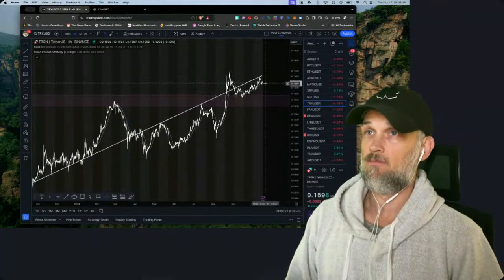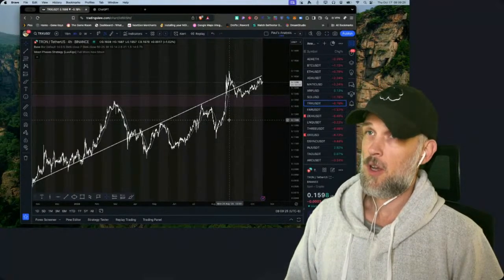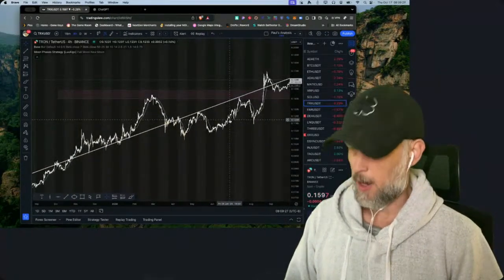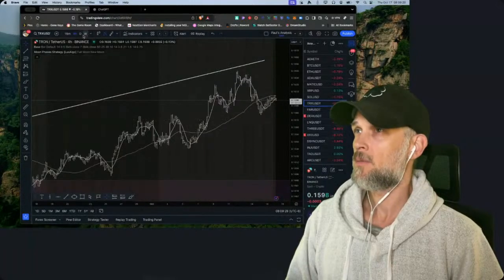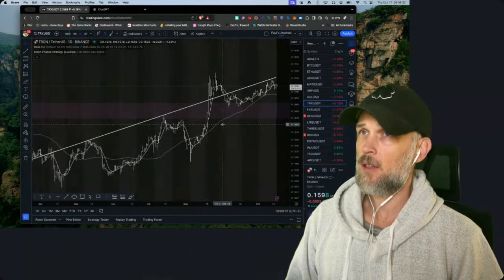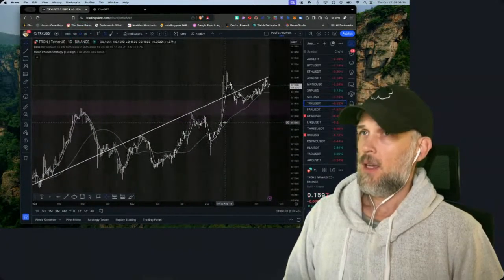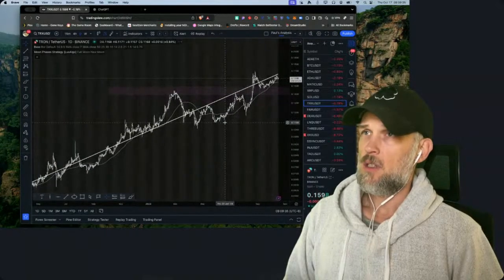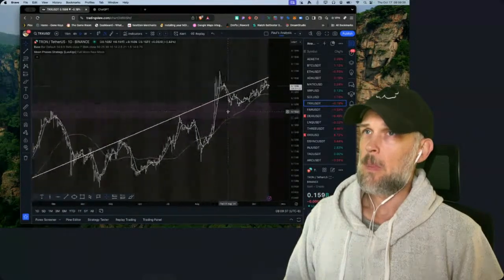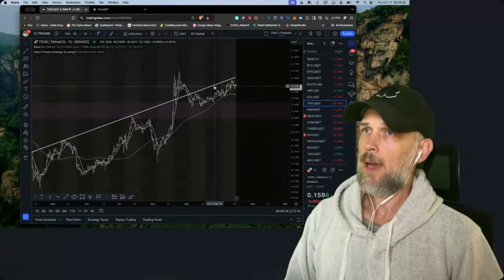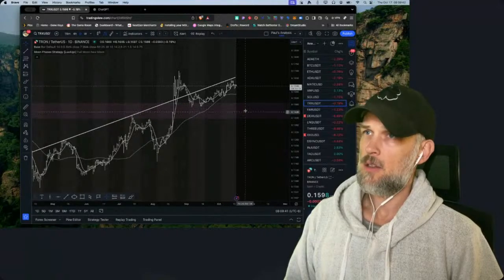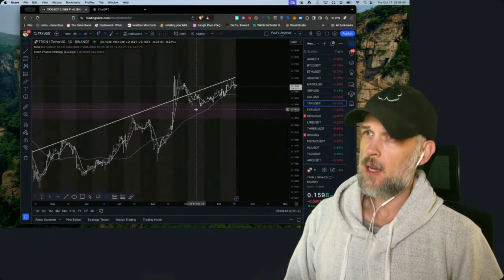I'm doing good. Next, Tron. Watching this chart just because of how beautifully consistent it is. Let's go to the daily. Yeah, just a beautifully consistent chart. I do expect one more pullback on this one, coming back into this range. This here was kind of a weak test of it.